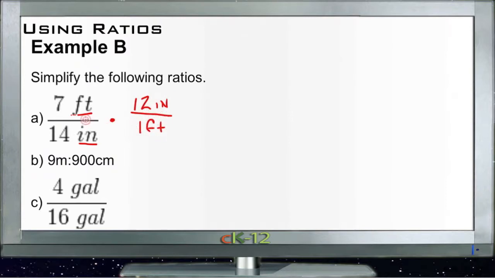Now what's nice about that is since I'm multiplying fractions, I can cancel top to bottom, right? Here I have feet on top and feet on the bottom, so those cancel. And I have inches on the bottom and inches on top, so those cancel. And now I don't have any units, which is good because we wanted a simplified ratio. So now we have 7 times 12, or 84 on top, and 14 times 1, or just 14 on the bottom.